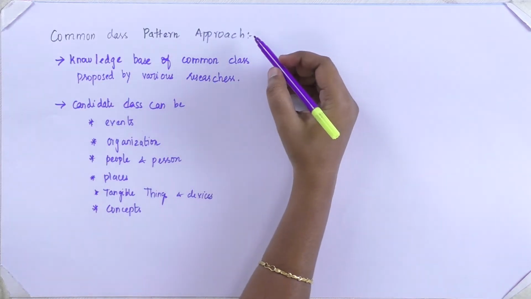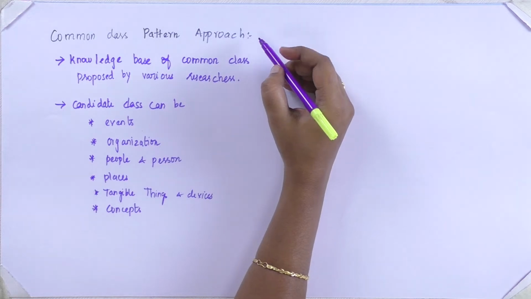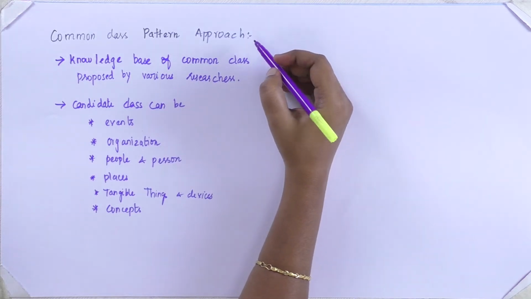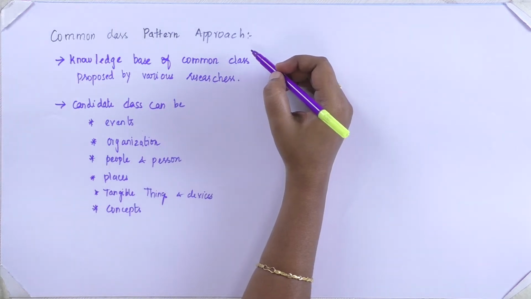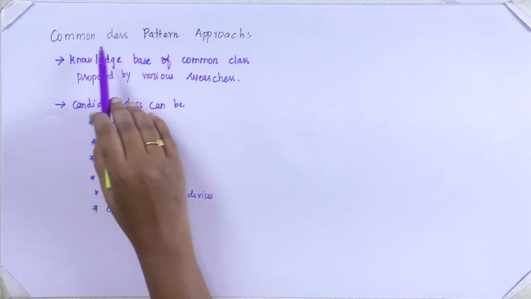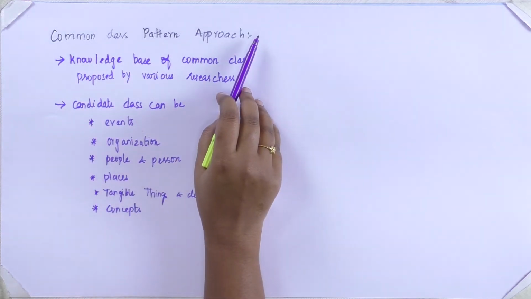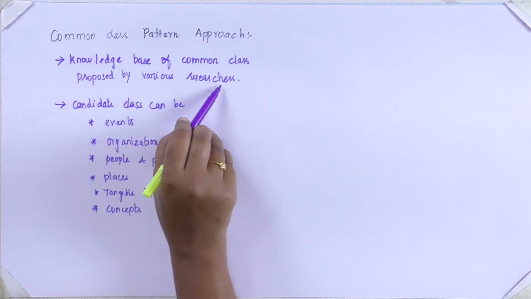The next approach is the common class pattern approach. Using the common class pattern approach, you can identify the classes of a product and classify the objects so that you can say which object belongs to which class. In this approach, you follow the knowledge base of common classes proposed by various researchers.